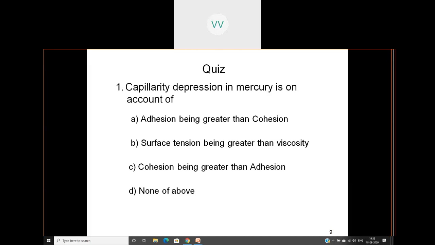So what is the answer, students? The capillary depression, that means for mercury, why does the level come down? Because the cohesion between the particles is greater than the adhesion. So C is the right answer, and it has been highlighted in red color. So remember, this is the reason.